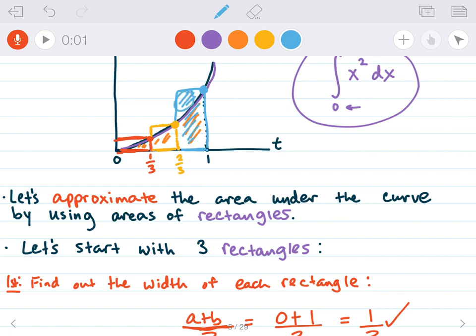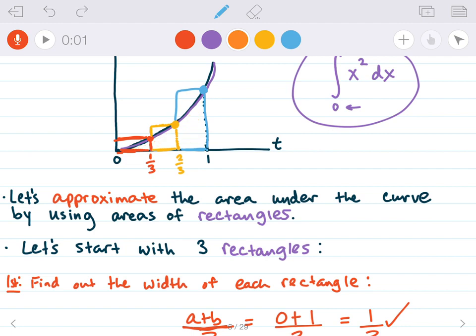But I don't want to count this part. So I'm overestimating my area here. But that's okay. I can't stress this enough: my main mission is to find the area under this curve that I highlighted in orange, okay? So let's go ahead and approximate that by taking the areas of the rectangles.